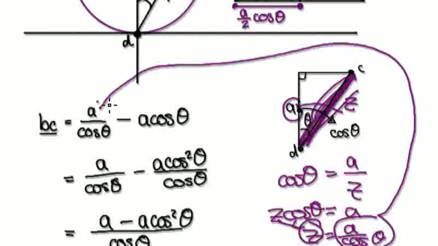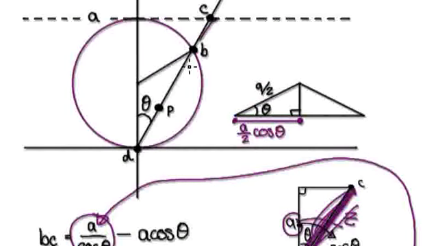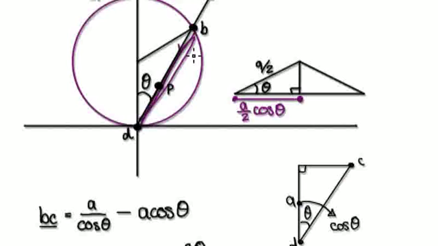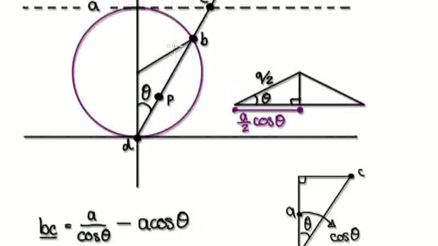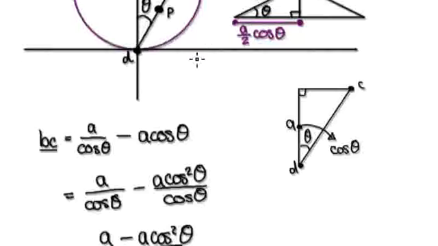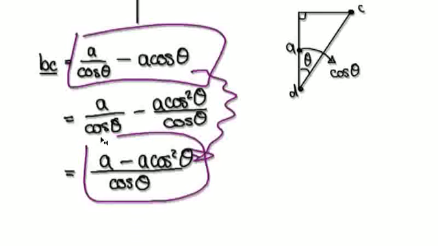And then now we need to take away this distance here. So BC, which is this distance here, is given by this. Tidy this up, and it will then take you to here.